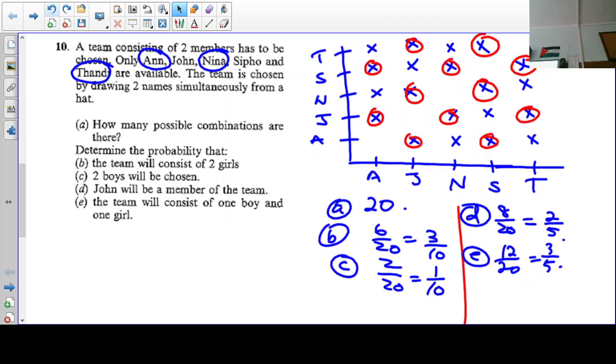That's number 11. No, that's number 10. Let's look at number 11 quickly.